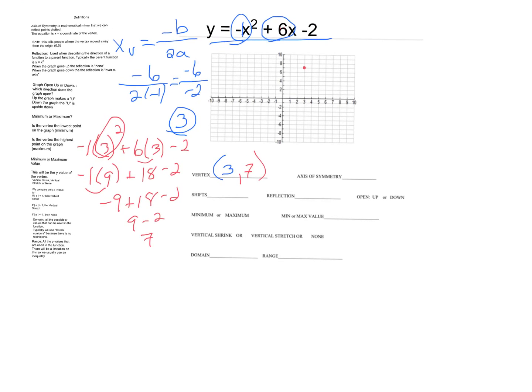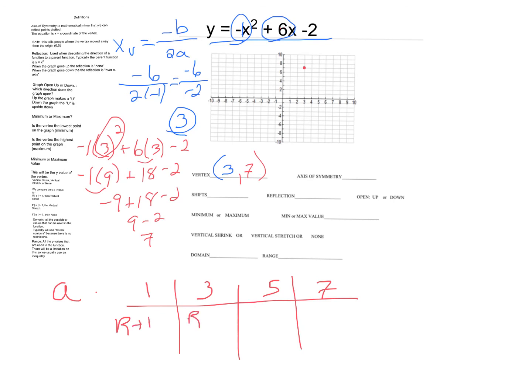All right, now again, we're going to take our a value, times it by, oops, didn't mean to do that. We do it by 1, 3, 5, 7. Okay, so we go right 1, right 1, right 1, right 1. Now again, my a value this time is going to be -1.